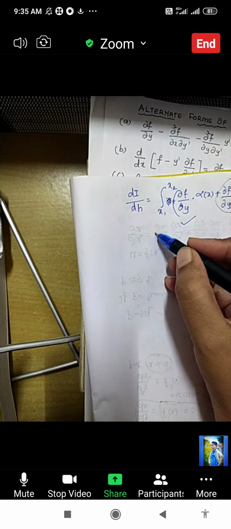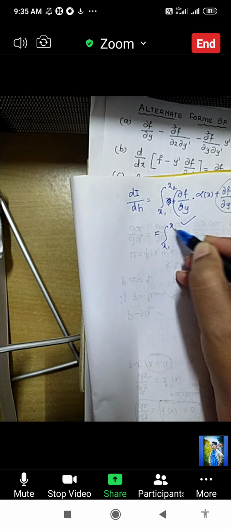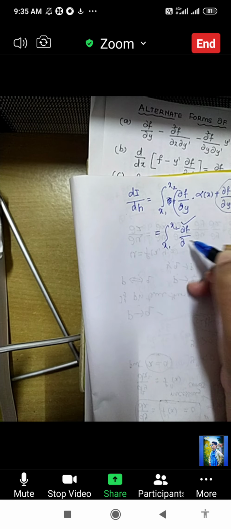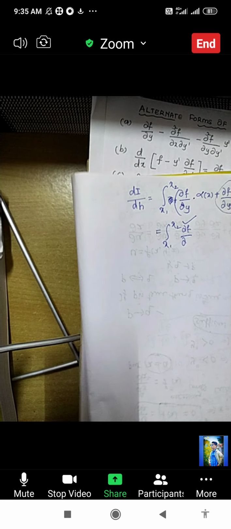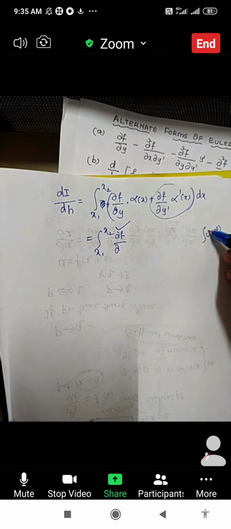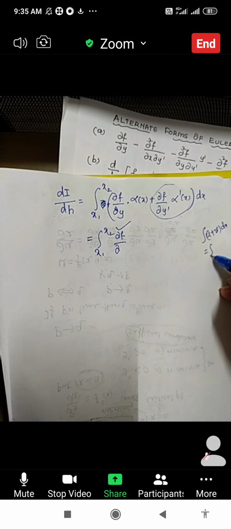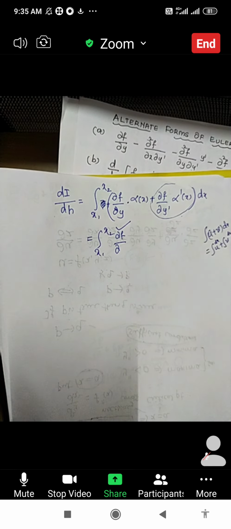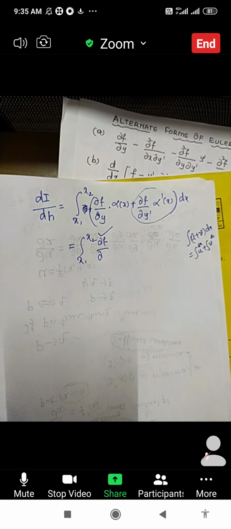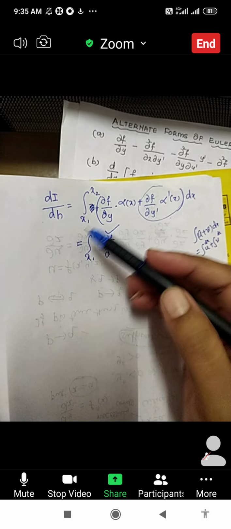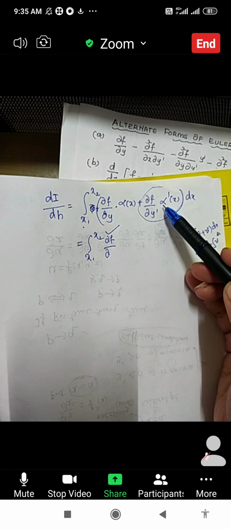First thing, I forgot one thing. If you have integration of u plus v, how do you write? Integration of u plus integration of v, isn't it? Correct? So this integration is for this function as well as for this function.